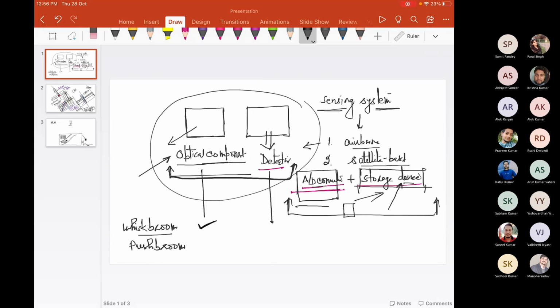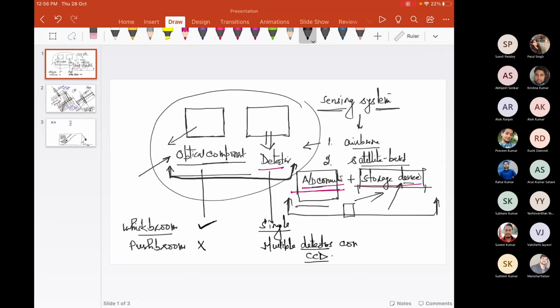We have an optical component and detector we have single. We don't have optical component, we have multiple detectors. Multiple detectors.